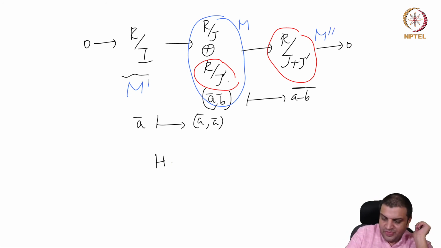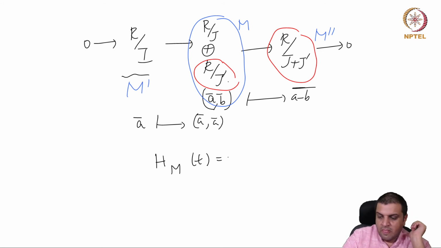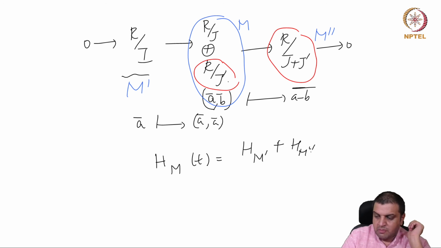Then H of M, the middle one, T is H of M prime plus H of M double prime.